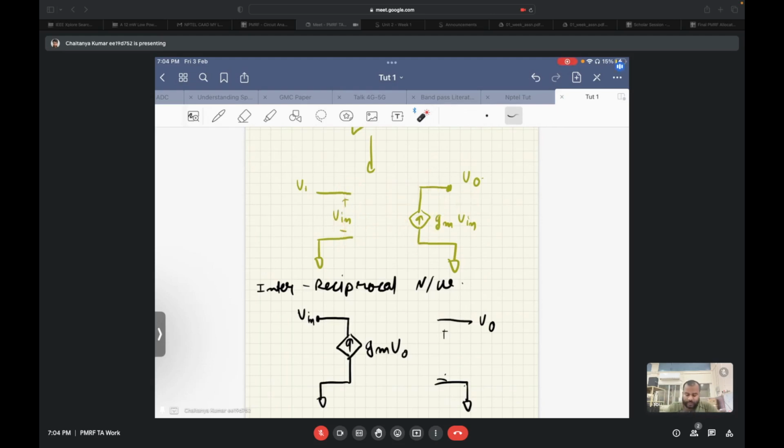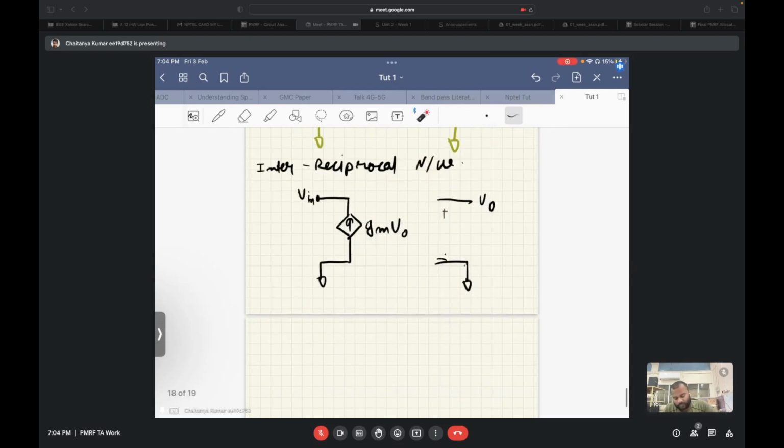And again, as far as the directions of the current and the polarities of these nodes are concerned, if we try to increase this voltage, this current will increase, and this current will get pushed into this node, and it will tend to increase the voltage of this node. The similar thing will happen in this case also. If we try to increase the voltage of this node, this current will increase and push the current in the V in node, and it will try to increase the voltage of this node. So with this, we can say that our inter-reciprocal network is correct.